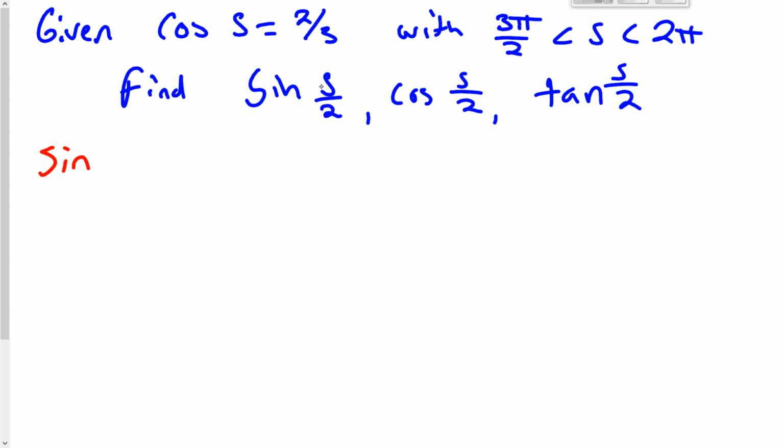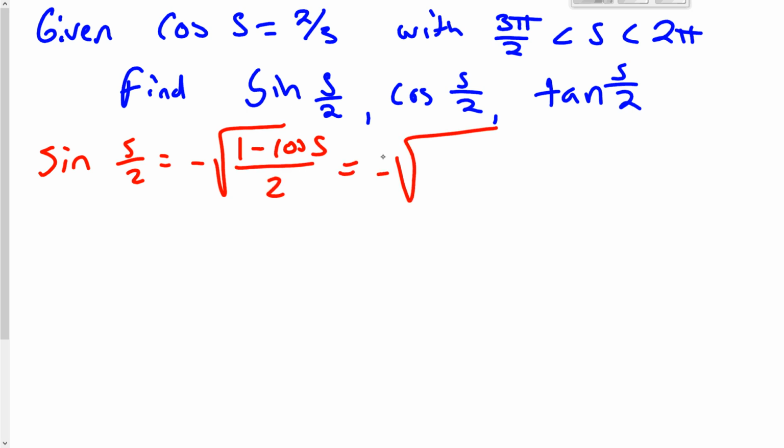So sine of s over 2 would be, and we're in the fourth quadrant, so we know sine is negative. And it's 1 minus our cosine of s. And we've given cosine of s, right? All over 2. So we know this answer of cosine of s. That's 2/3 all over 2.